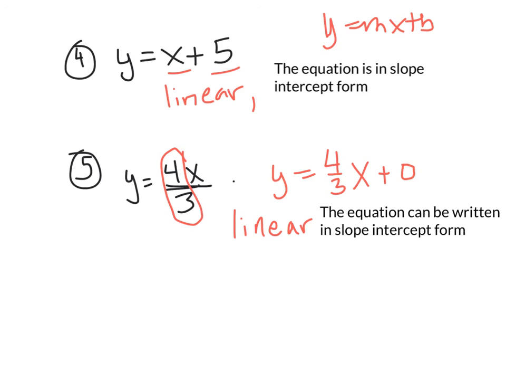Good. All right, last one. Number 6. We have y equals 1 minus x squared. All right, big giant hint right here. Anytime you see an exponent, this is nonlinear.